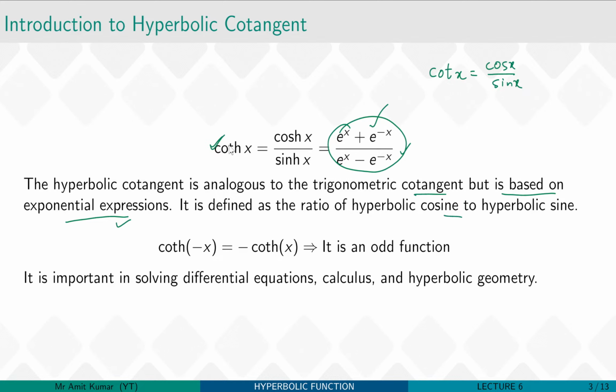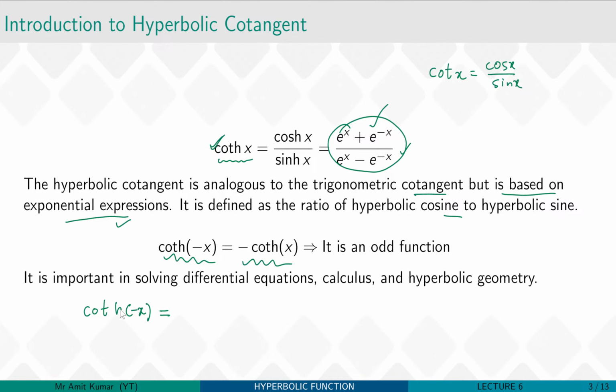Now here the coth hyperbolic x is an odd function. Why? Because coth hyperbolic minus x is equal to minus coth hyperbolic x. We can prove this in very simple steps. First take coth hyperbolic minus x, putting minus x in place of x. So coth hyperbolic x is equal to cos hyperbolic x divided by sin hyperbolic x.